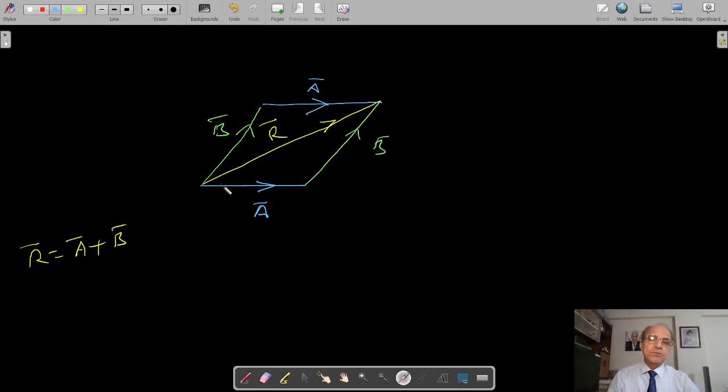These are the two vectors A and B, and this is the resultant. So ultimately, the triangle law of vector addition and the parallelogram law are one and the same thing.